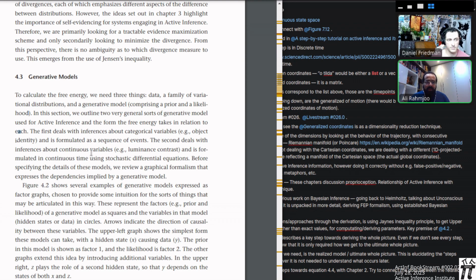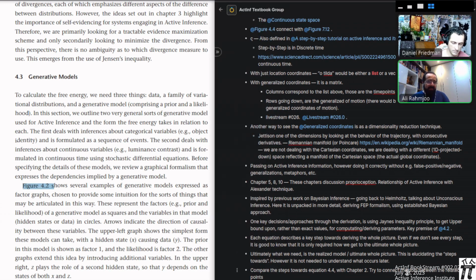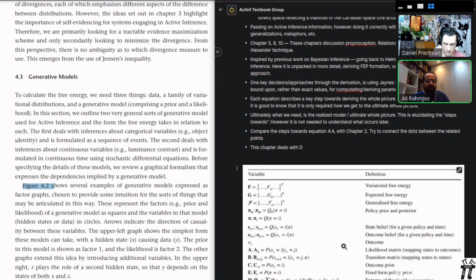Okay, so as mentioned earlier, this chapter deals with both discrete time and continuous time situations. So clearly, we would need two different types of generative models for each situation.